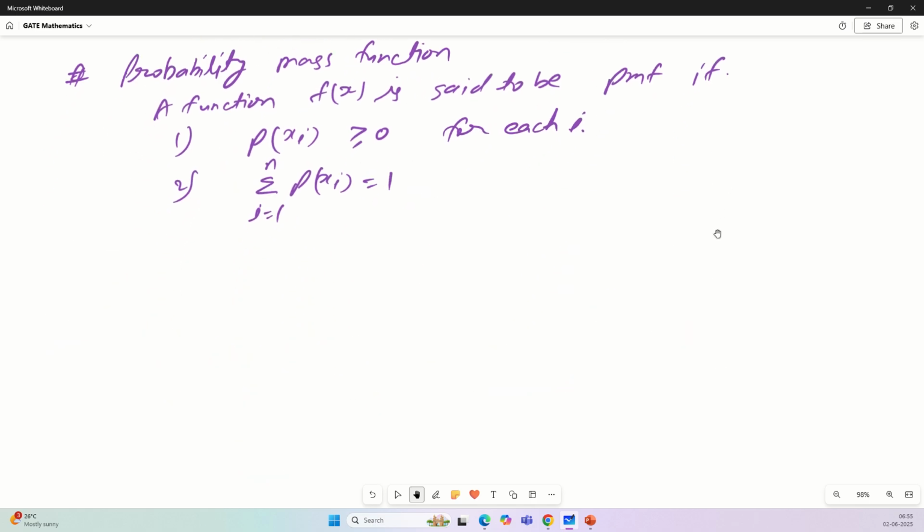Now let us talk about cumulative probability function. So this PMF, that is probability mass function, is also called probability density function. Now talk about cumulative probability function.